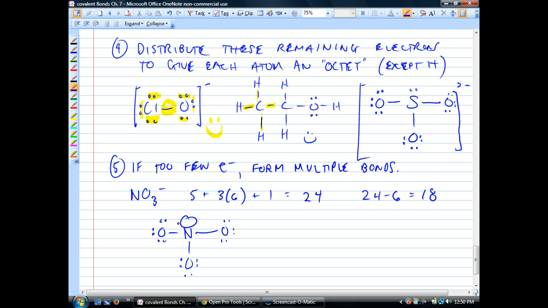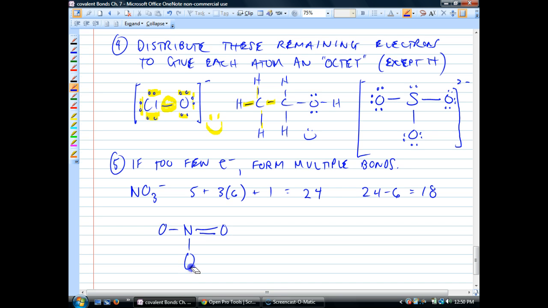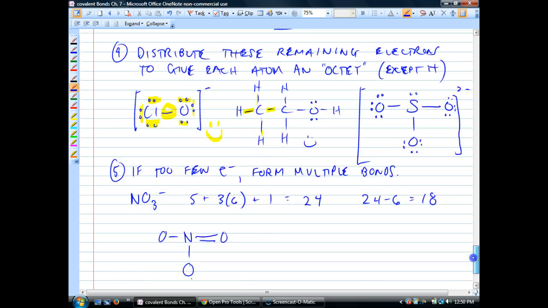I don't have enough. So if you don't have enough, you make a double bond and you go back to step 2 or step 3. So I made a double bond, and now I go back to the step where we do the subtraction. Which one is that? 3.